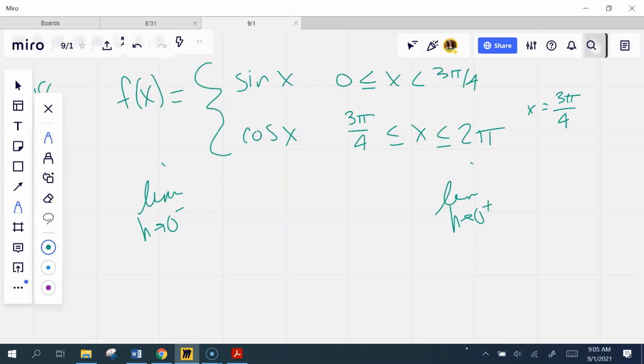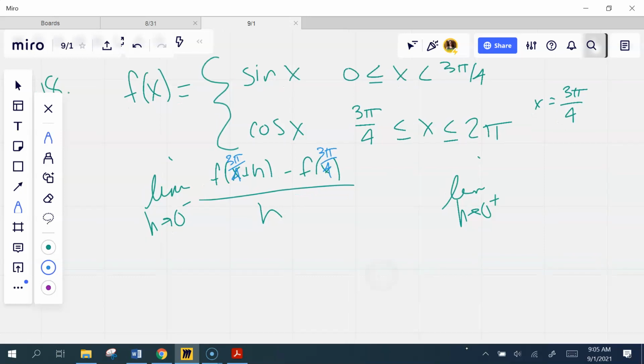All right. So I have f of x plus h minus f of x. I know I write this a lot, but it will help you if you continue to write it because then you won't forget it because you'll write it so much. All right, x is 3 pi over 4.